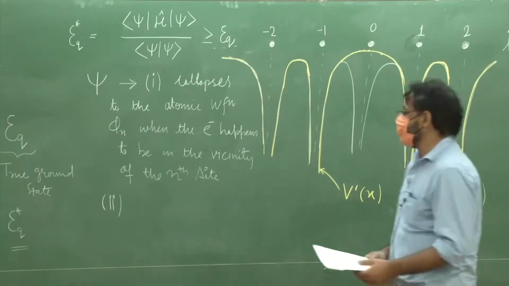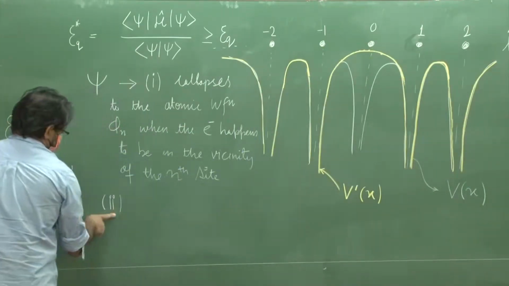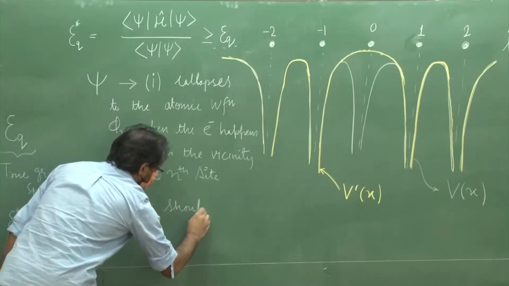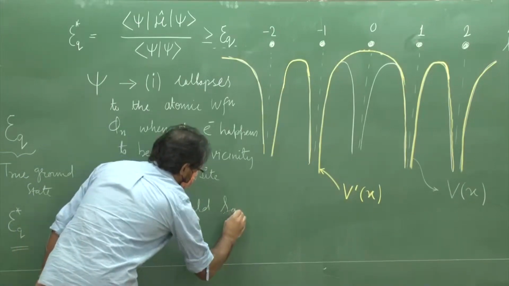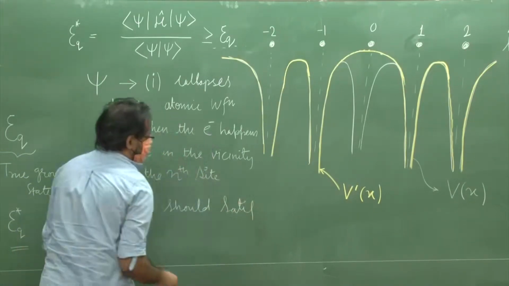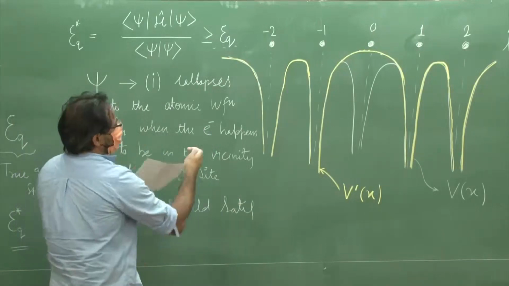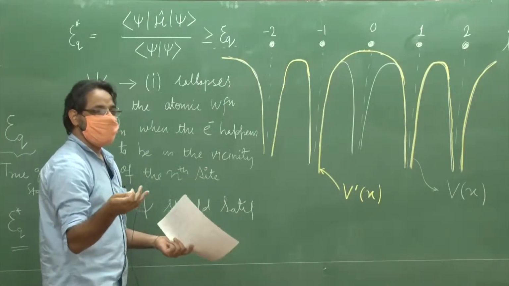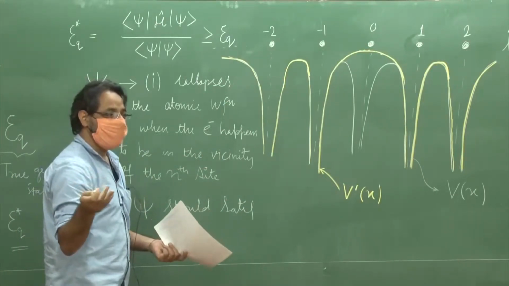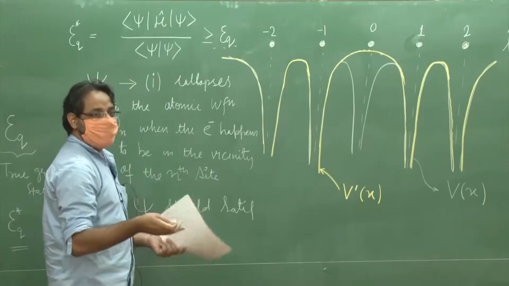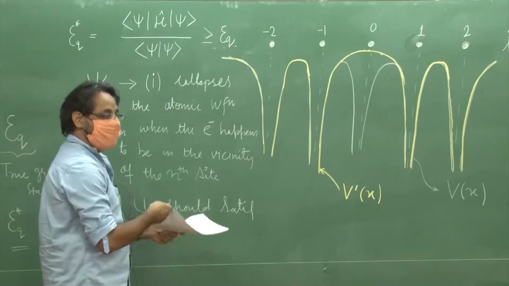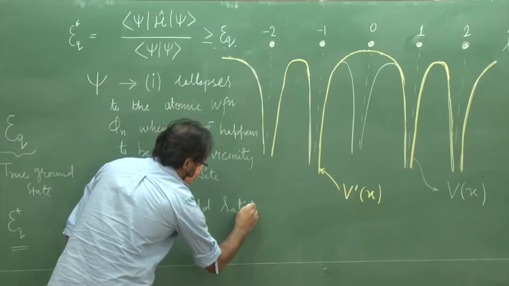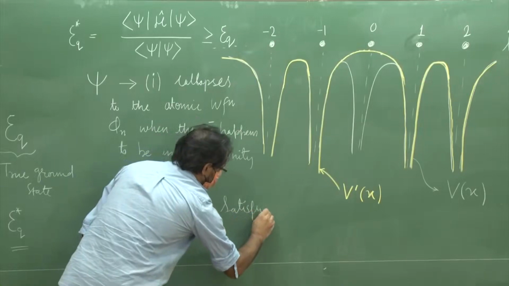So the second demand that you pose is that psi should be a Bloch function. Some say that this electron is a Bloch electron. It's not a free electron anymore, right? The free electron is exponential ikr, and the Bloch electron is exponential ikr modulated by a periodic function. So that is a Bloch electron. So, satisfy Bloch's theorem.